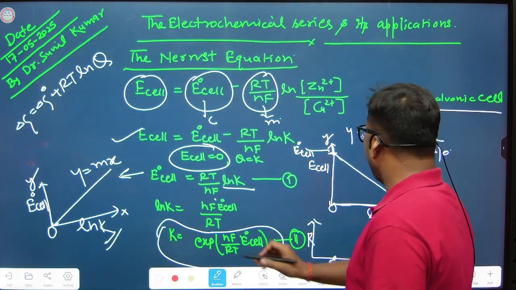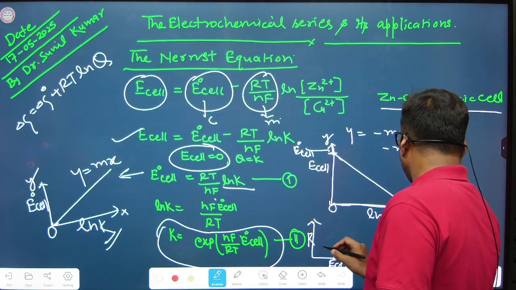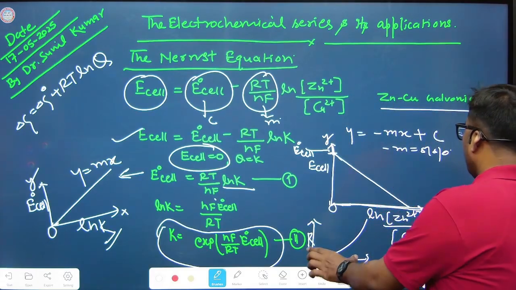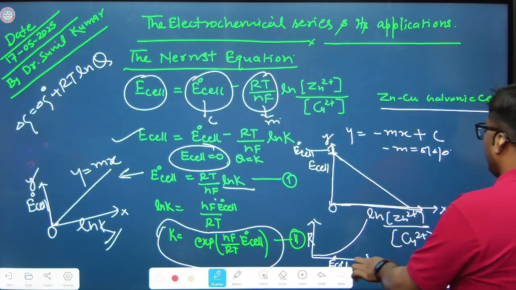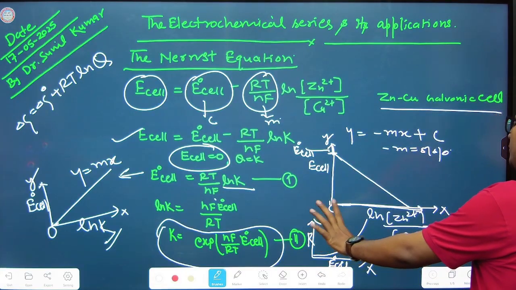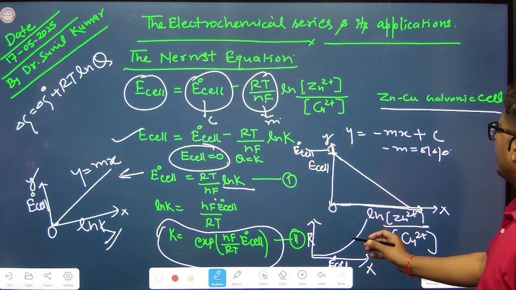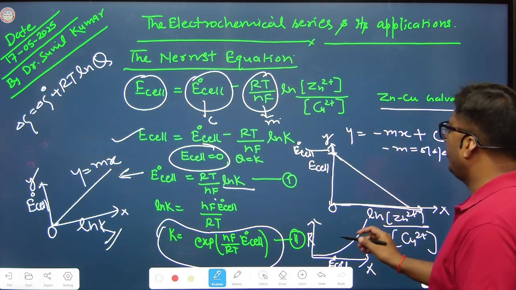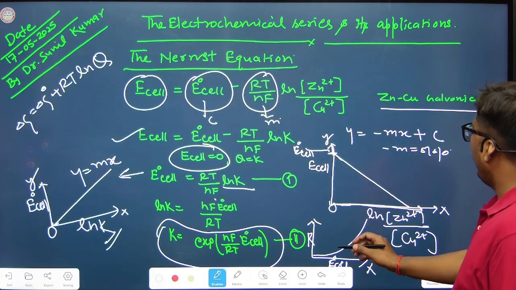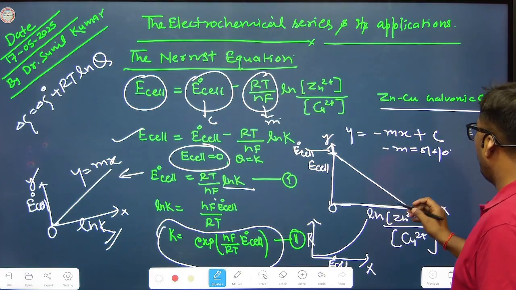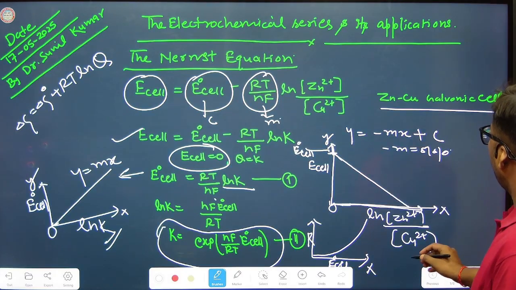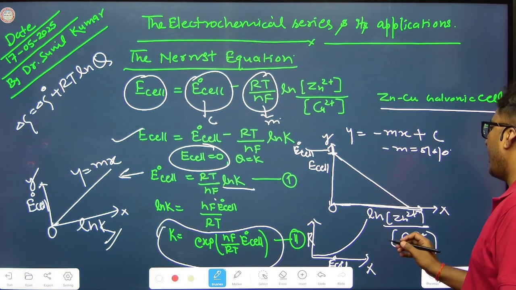The value of K, the equilibrium constant, increases exponentially. So the larger the value of standard cell potential, the higher will be the equilibrium constant. So this is the exponential representation of the Nernst equation, and the equilibrium constant exponentially increases once the standard cell potential increases in the positive direction of the x-axis, right?